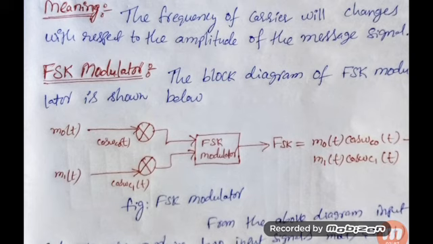Here the FSK modulator also does such things to convert the signals into different forms. On the output side we are seeing FSK equals m0 of t cos omega c0 of t plus m1 of t cos omega c1 of t, where cos is the angle of the wave.